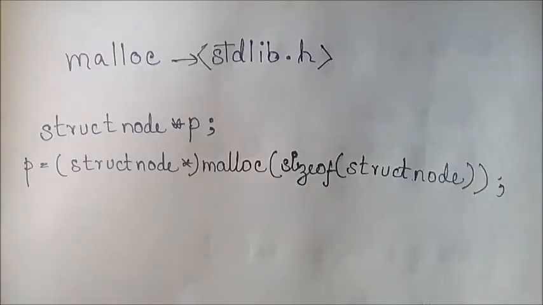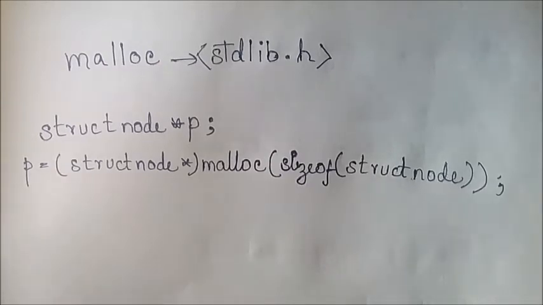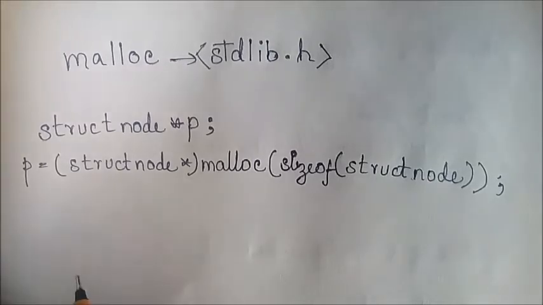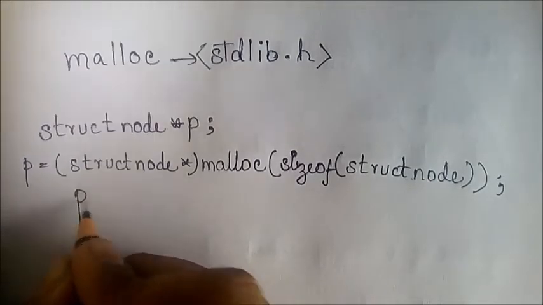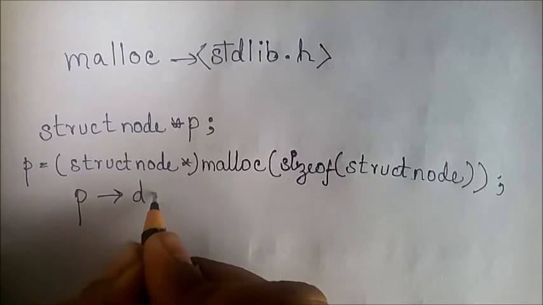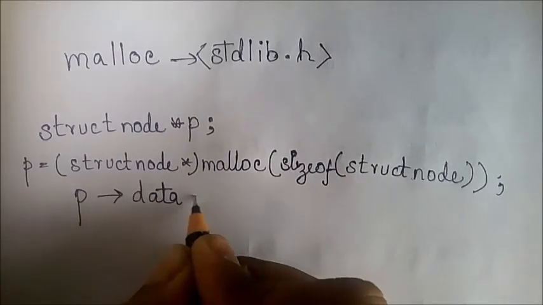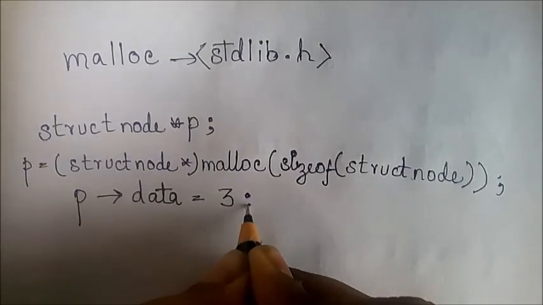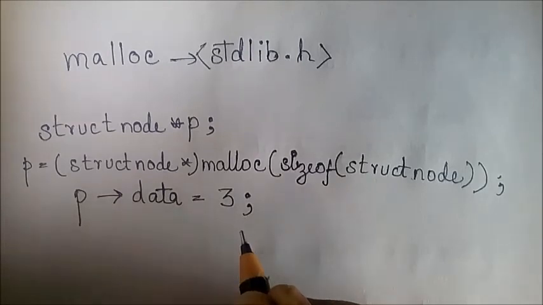Now we have to enter the data part and next part. Since we are using a pointer to point to this node, we are going to use the arrow operator instead of the dot operator. So let us enter the data part. It will be p arrow data equal to 3, as we have taken the data part as integer.